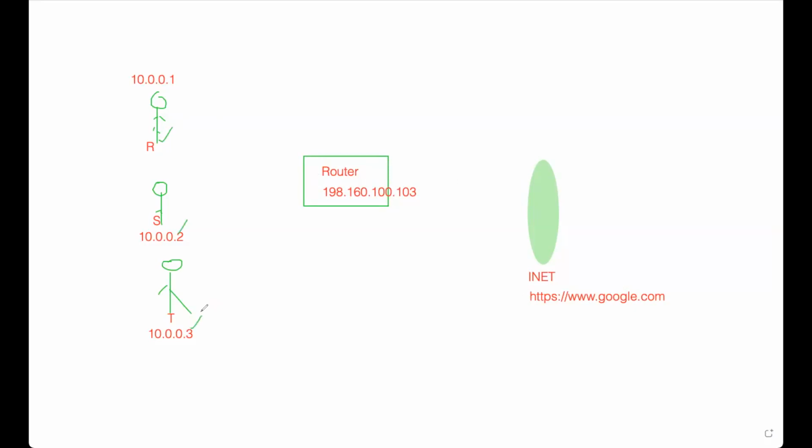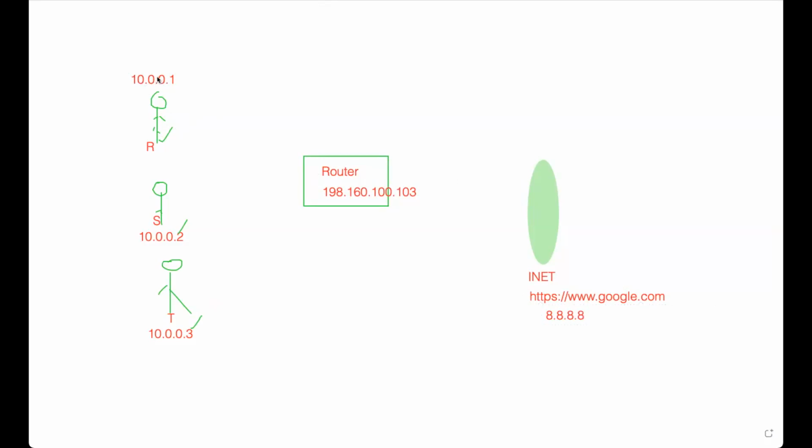to the internet. So what will be the source IP for user R? The source IP will be 10.0.0.1, and the destination IP will be 8.8.8.8.